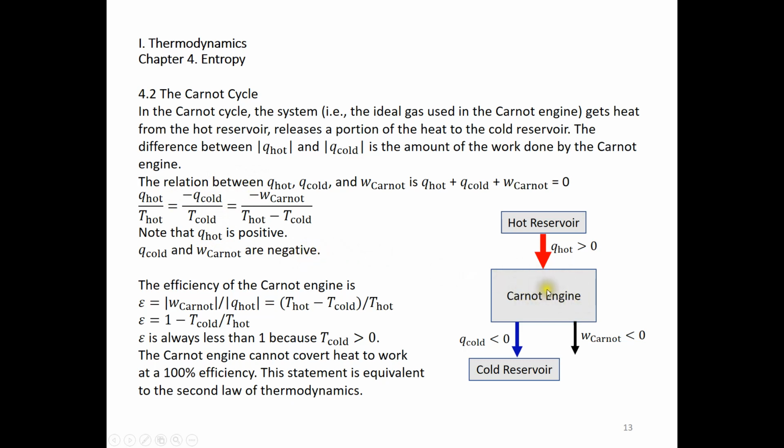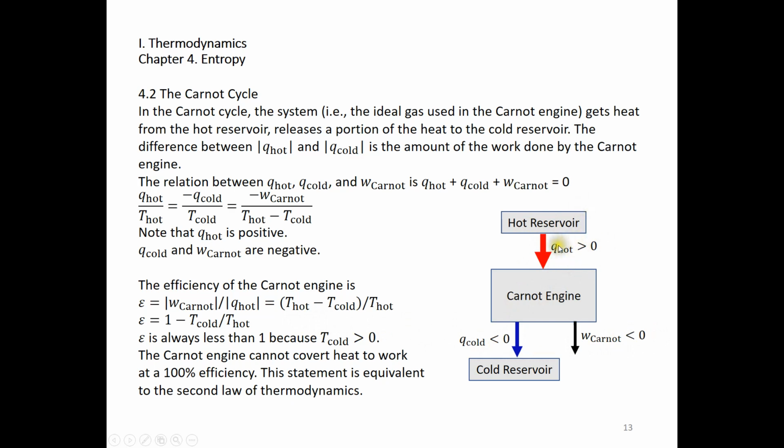Overall, this Carnot engine gets heat from the hot reservoir, which is this Q hot. And part of the heat is released to the cold reservoir, and the other part is converted to work. So this is greater than 0, and these two arrows are both less than 0. Alright, so one example is this.